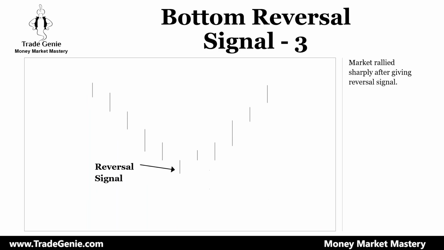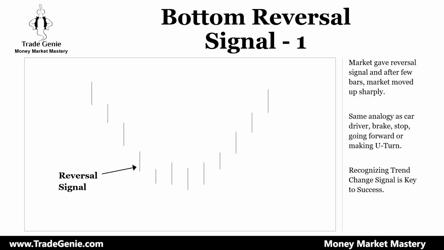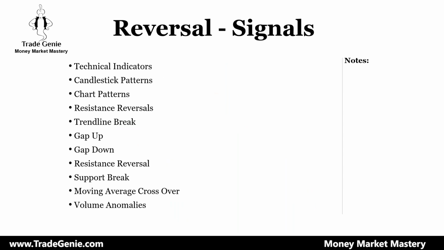So this is the V-shaped recovery. Now we talk about the top reversal. If you go through this list, it doesn't matter if you're trying to find the bottom or you're trying to find the top.